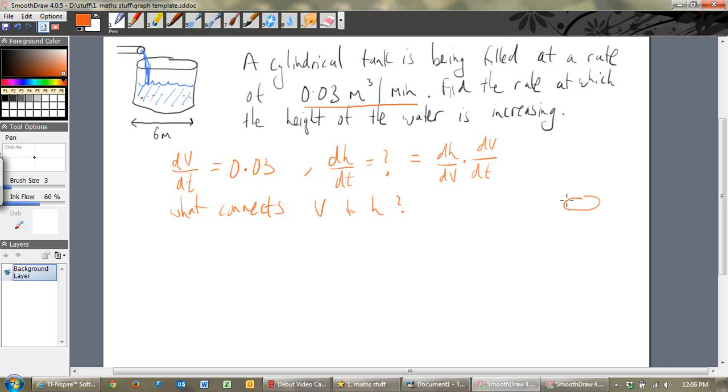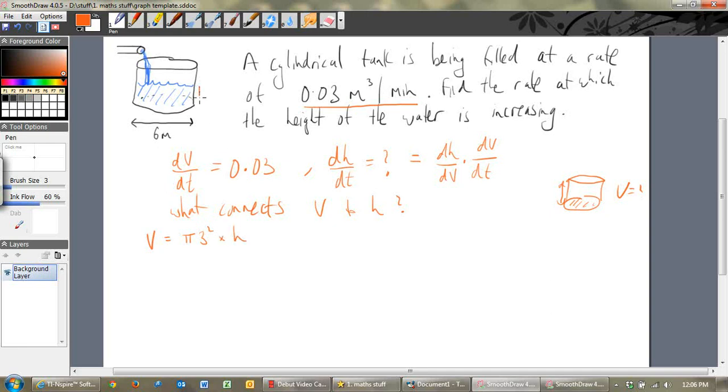What is the volume of any sort of cylinder like this? Well, the volume will be the area of the base times its height. So our volume for this water level at any given height will be pi r squared, the area of the base, so pi, our radius is 3, so 3 squared, times its height.